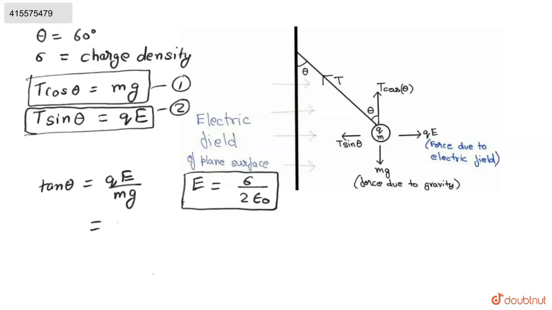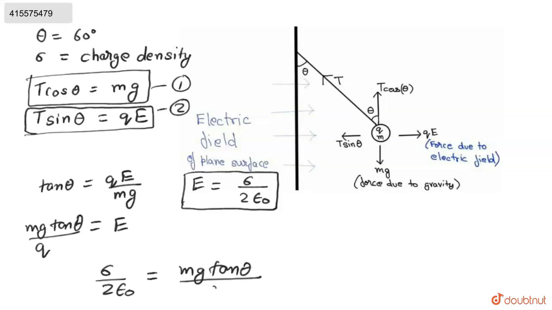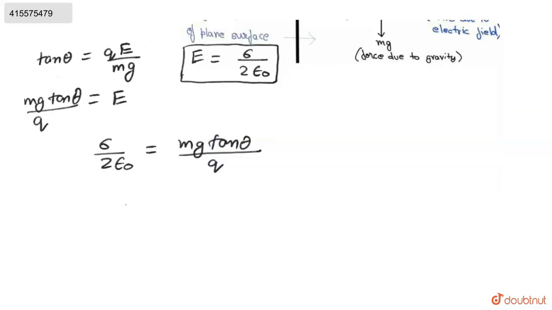So mg tan theta equals QE, so mg tan theta over Q equals E. Now we will put E in this, and that will be sigma over 2 epsilon naught equals mg tan theta over Q. So from this we will get sigma equals 2 mg epsilon naught tan theta over Q. We will put the value of theta.